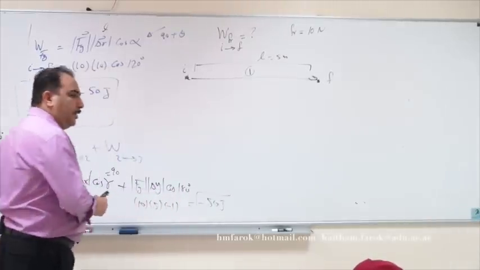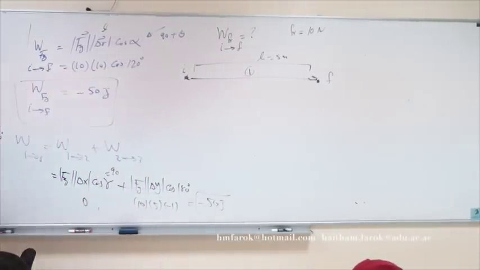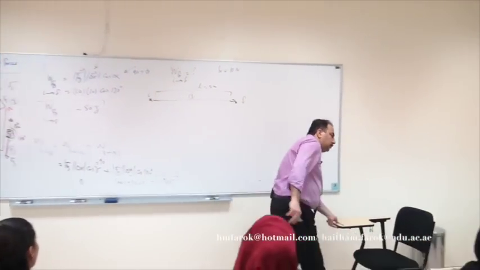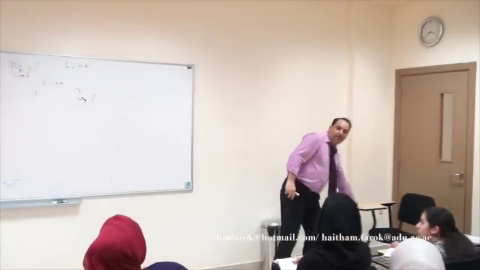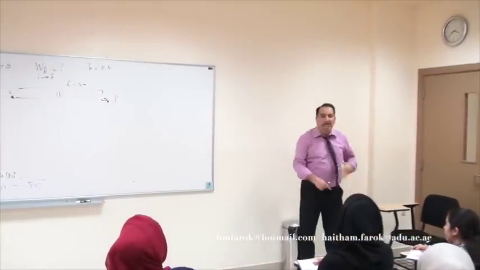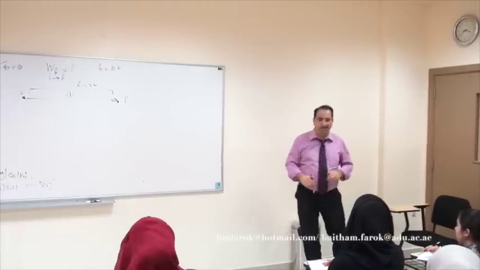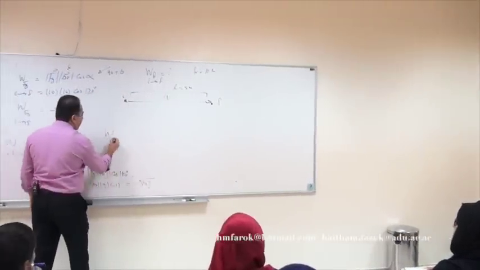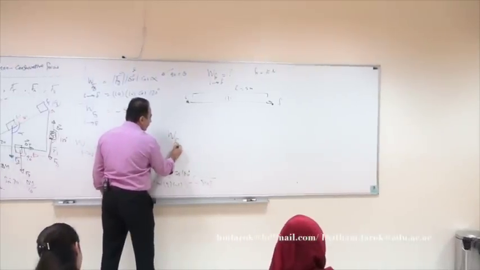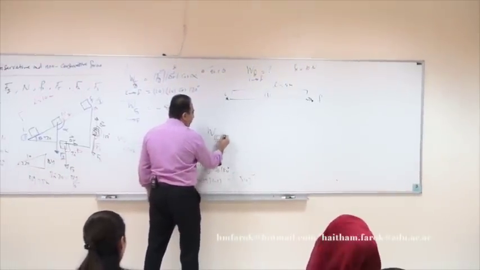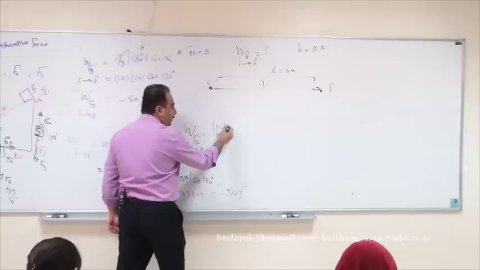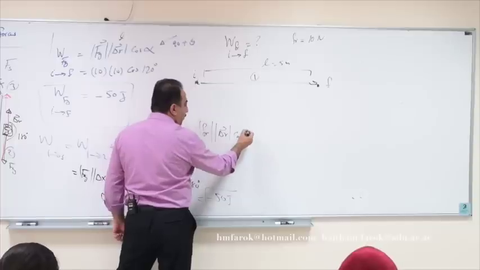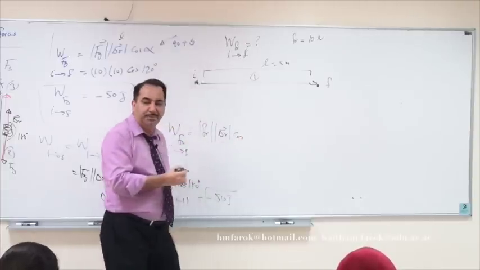Right. Now, first case, I'll take the chair from here straight. How much is the work done by friction? Path number 1. W friction from I to F. You need the friction force, displacement, cosine what?